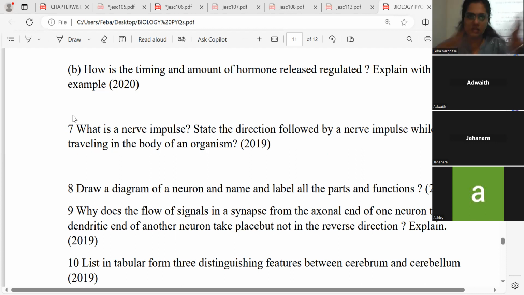You can state the example of the secretion of insulin, right? When you have a meal and after the digestion of the food materials, there's a lot of glucose in your bloodstream. After the food is absorbed, there's a shoot up in the level of glucose in the blood and it has to be brought back to normal, right? For that, the pancreas is going to release the hormone called insulin.